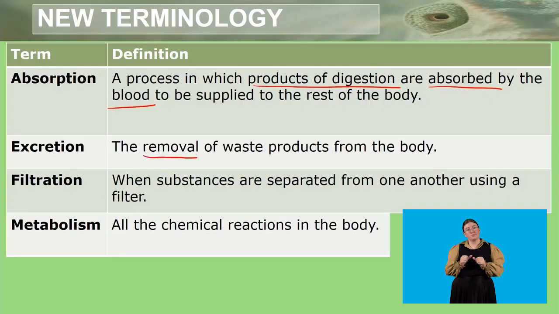We have excretion, which is the removal of waste products from the body. We have filtration, which is also another process that is related to the excretory system. Here it is when substances are separated from one another using a filter. We are also going to come across the word metabolism, which refers to all the chemical reactions in the body.